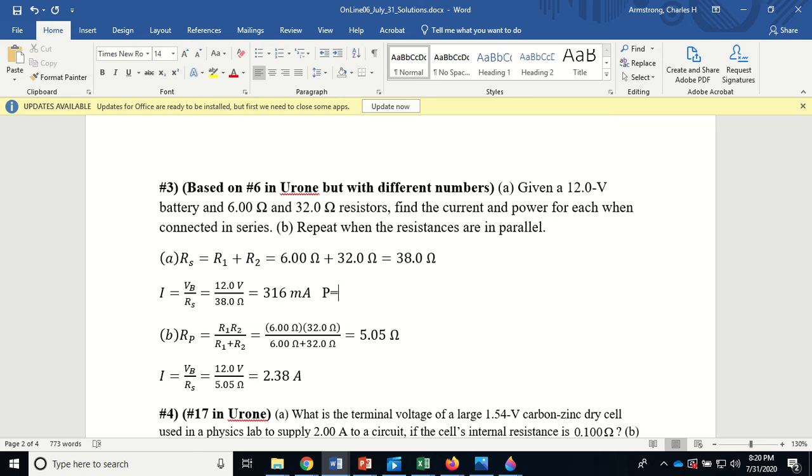So I'm getting 3.792, 3.79 watts for this one.